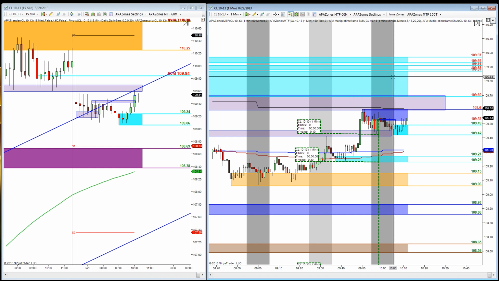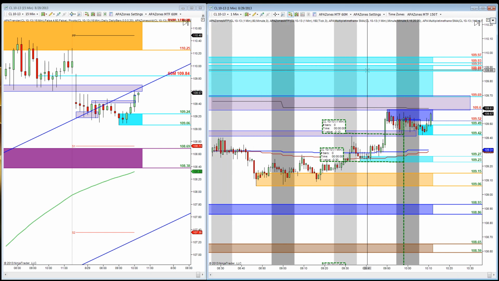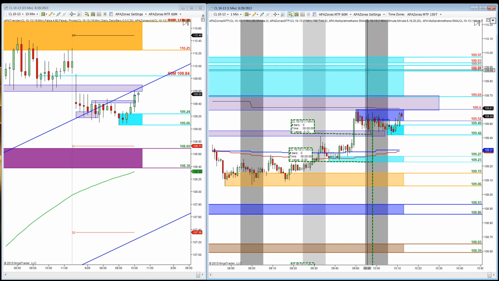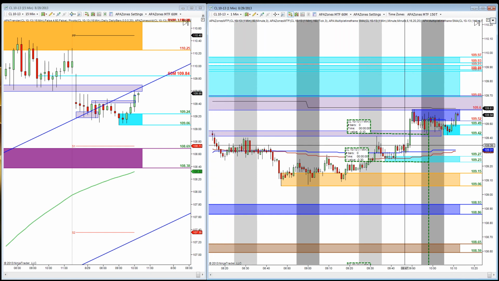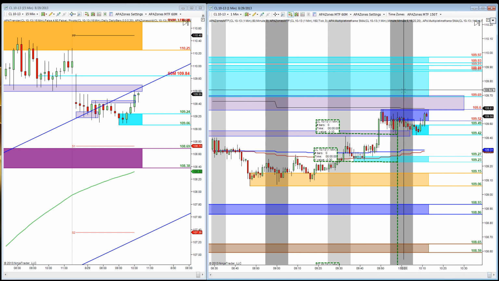So it just really varies. Now the fact that they're stacked that close together tells me a little bit more than other things like how big the zone is, if you will. How big the zone is really doesn't help me at all.